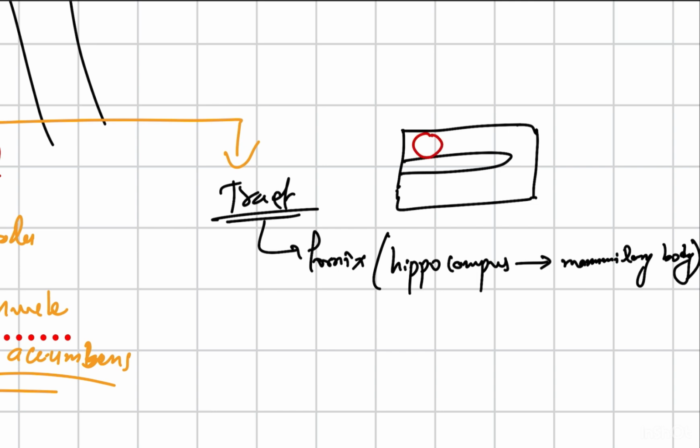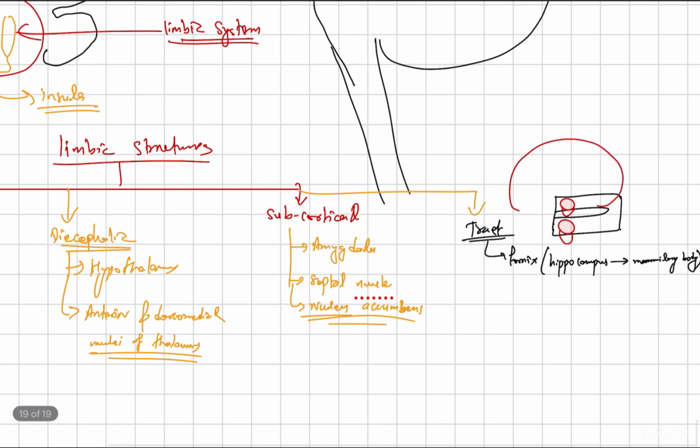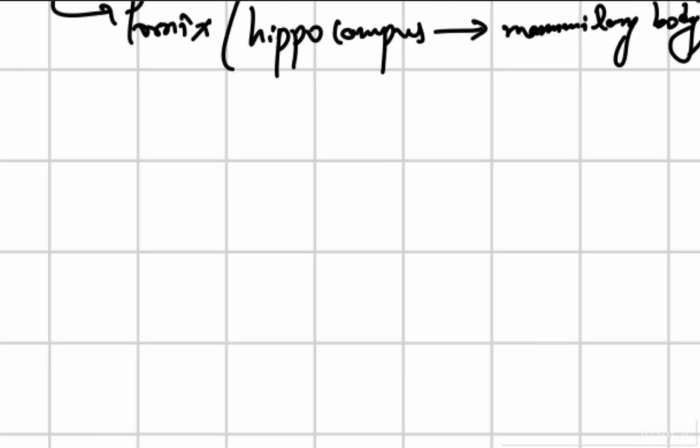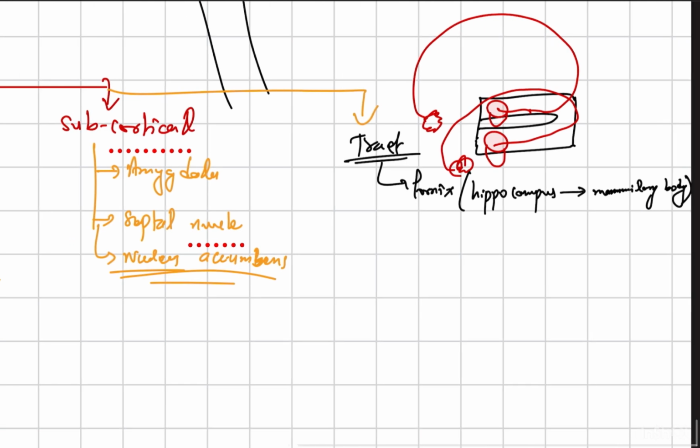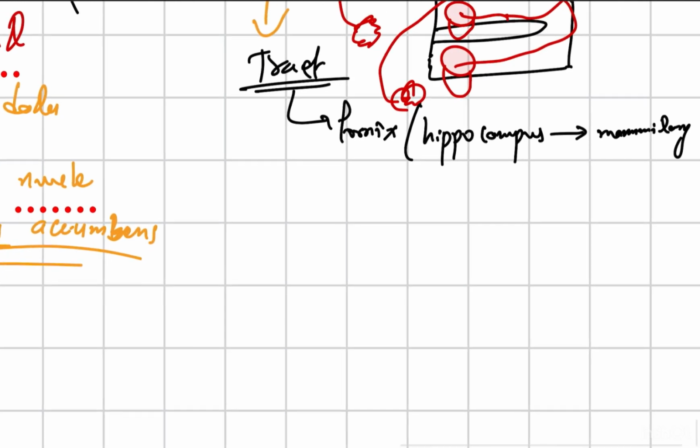So here is the mammillary body, and it's connected by the fornix this way. And here is the hippocampus, and it is connected with this fornix. Here is the mammillary body. And after that there is a mammillothalamic tract.